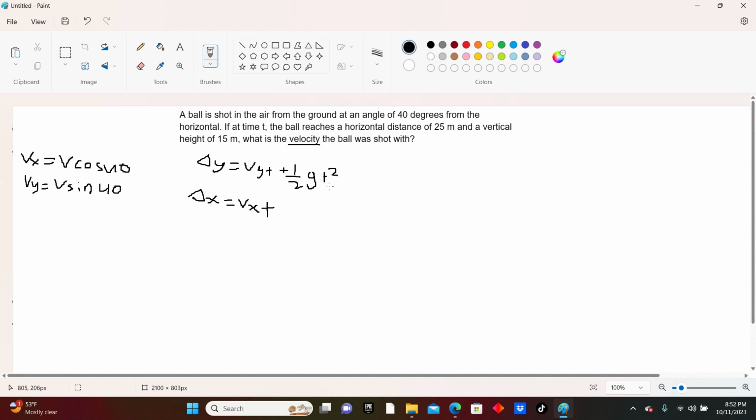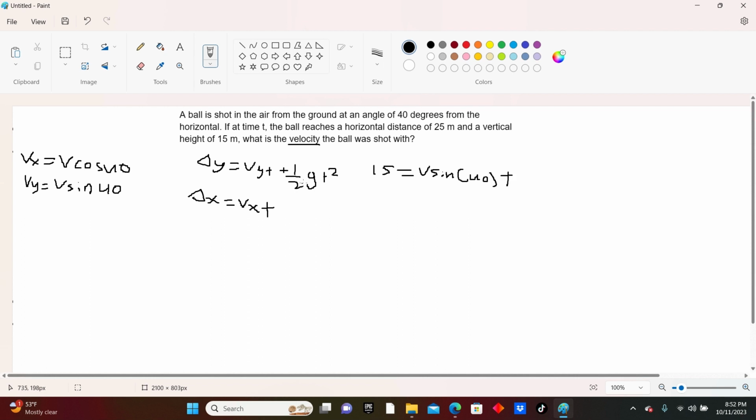So if we plug in the numbers we know so far, we get a height of 15 for delta y, so 15 equals, and for vy we get v sine 40 times time.